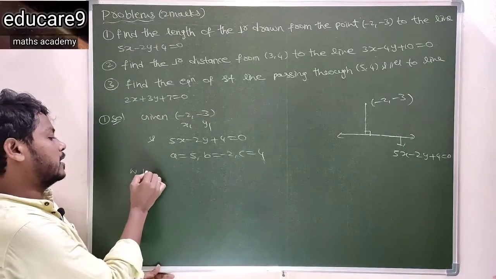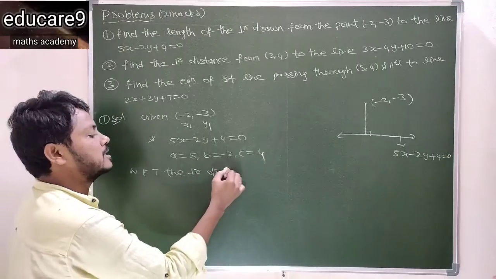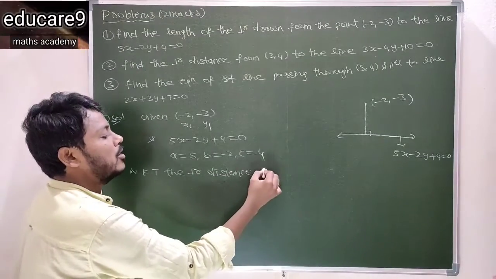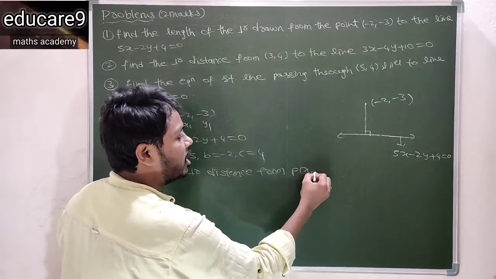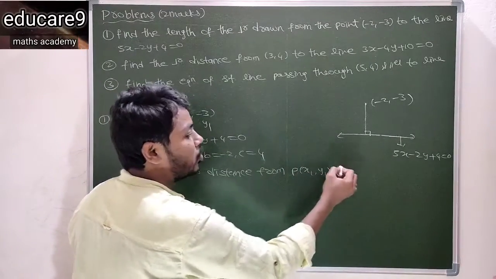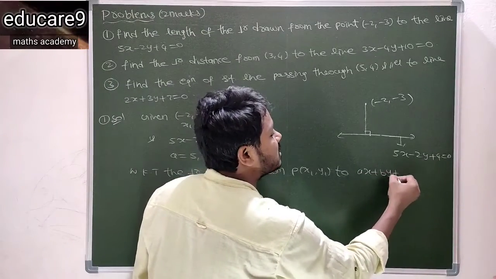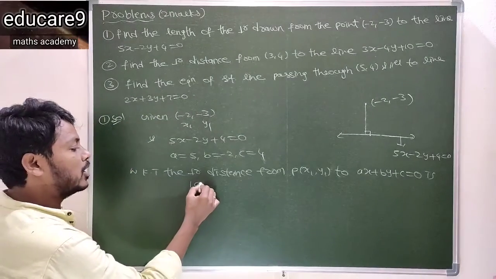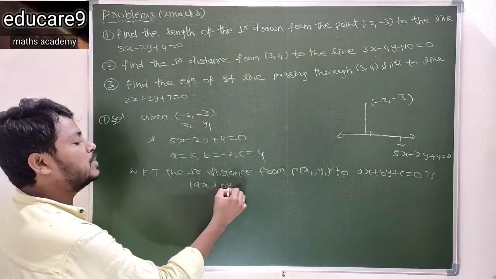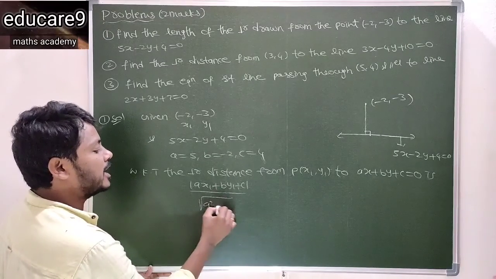So you know that the perpendicular distance from P(x1, y1) to the line ax + by + c = 0 is the modulus of ax1 + by1 + c divided by the square root of a square plus b square.